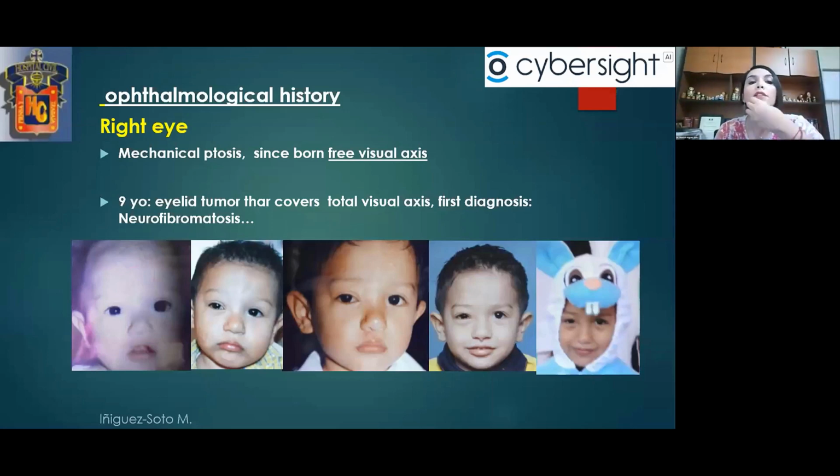At 9 years old, after all the development of the visual acuity, the eyelid tumor covers the visual axis, and then he cannot move the eyelid. In Tamaulipas, they said that he had neurofibromatosis, but it doesn't make sense, and how could they want to remove the eyeball?